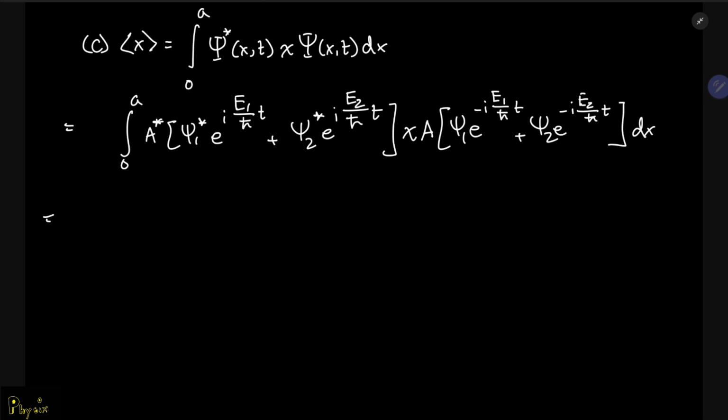All right, so again, you can bring these a star times a outside, and that becomes a squared, which is basically 1/2. And inside you have a bunch of integrals.